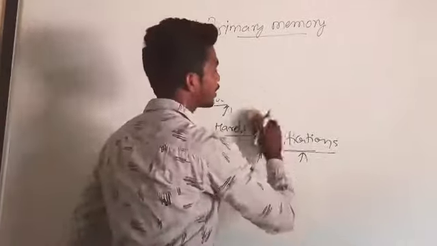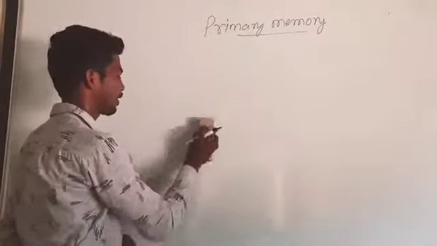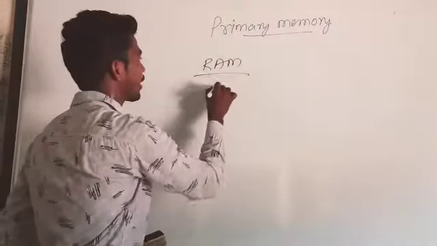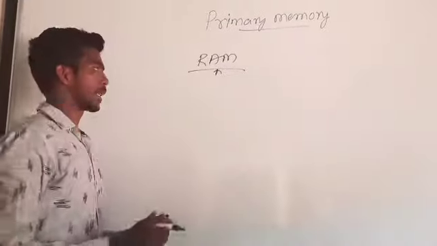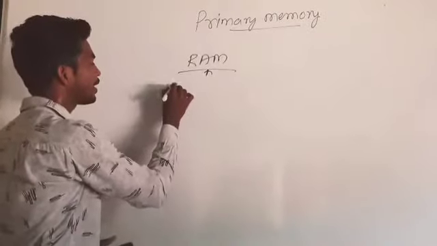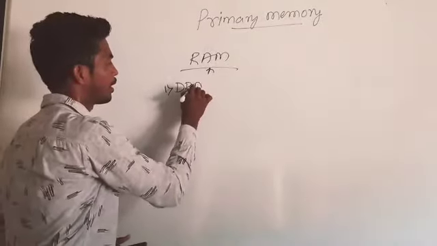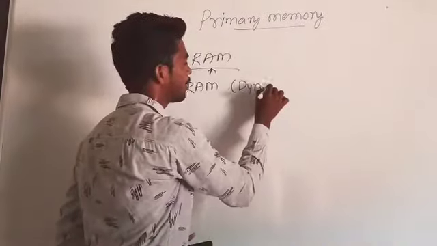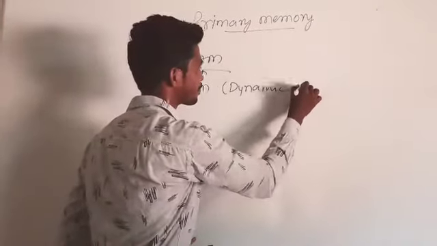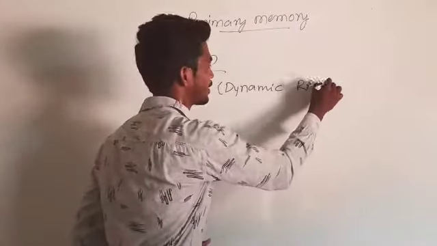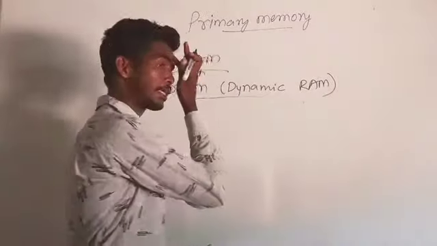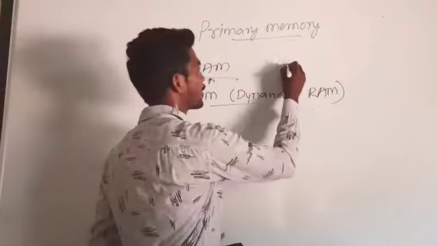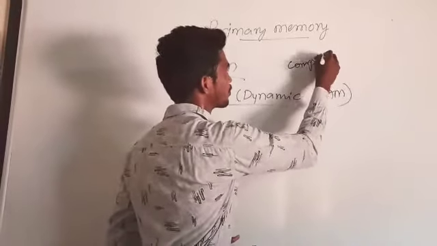And we have different types of RAM in primary memory. First one is DRAM, that is dynamic random access memory, or you can say dynamic RAM, and these abbreviations are very important for competitive exams too.